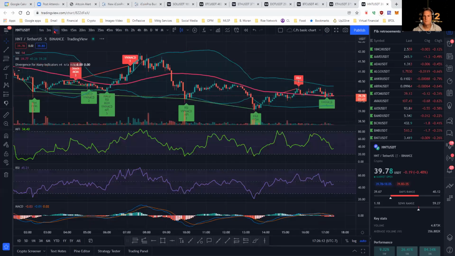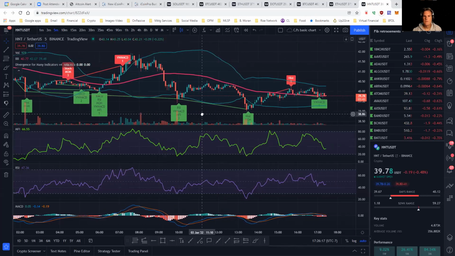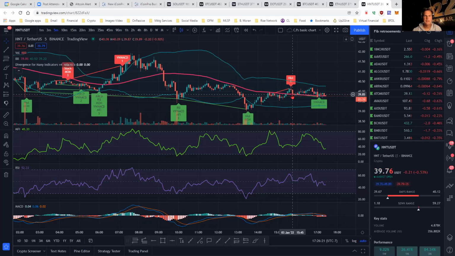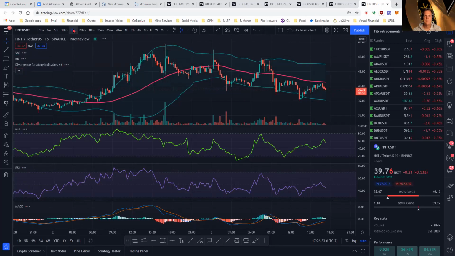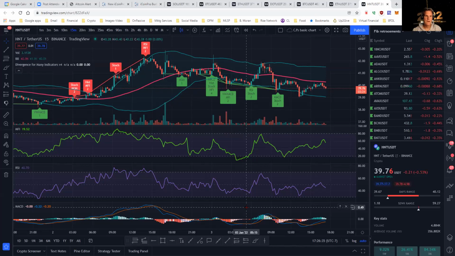On the 5-minute chart, just sideways in a squeeze, sitting on the SMA line, my least favorite place. So as far as a new trade goes on a day trade, I'm not really seeing one here. You could do the kind of alerts I just talked about on the 15-minute chart on either the RSI, the MFI, or the divergences.